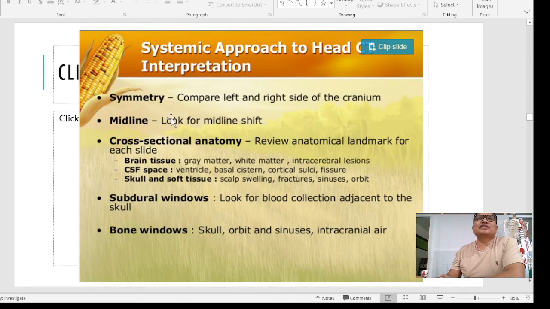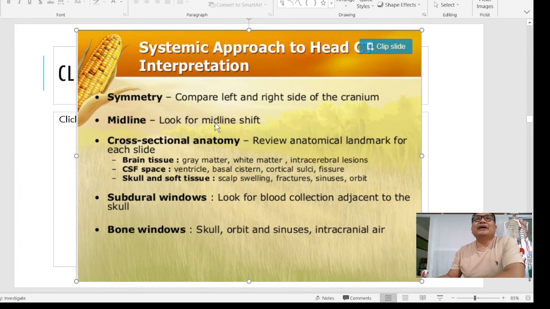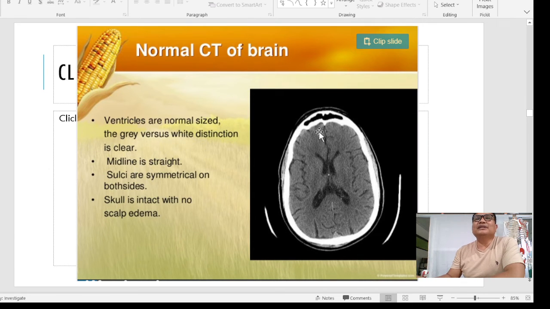So compare, systematic approach of head CT scan. Compare the left and right hemisphere of your cranium. So symmetry of your hemispheres, left and right, and midline. Look for midline shift.